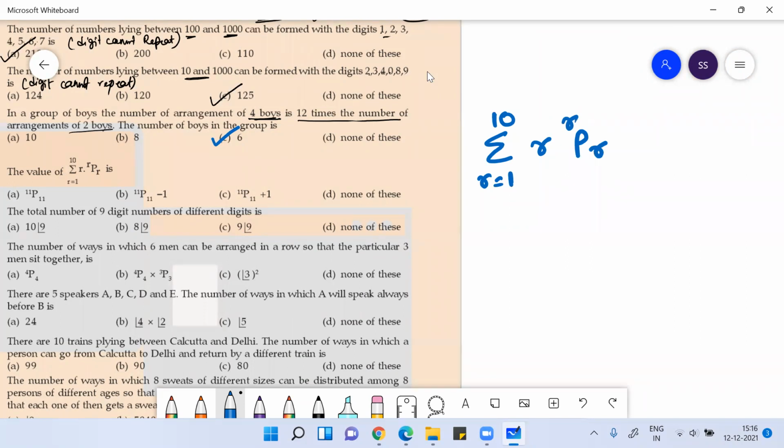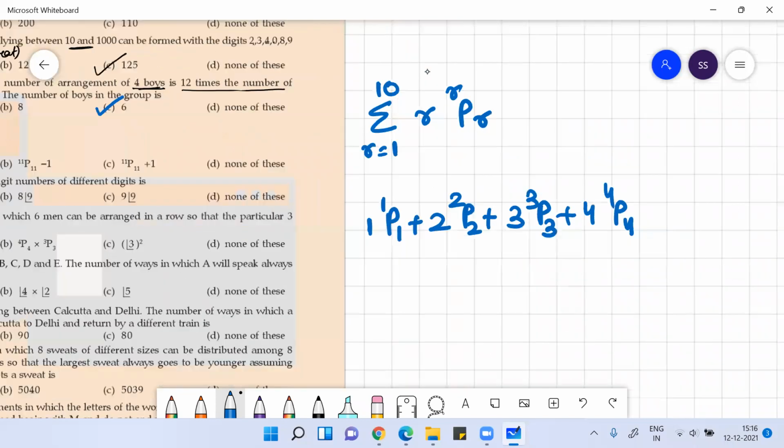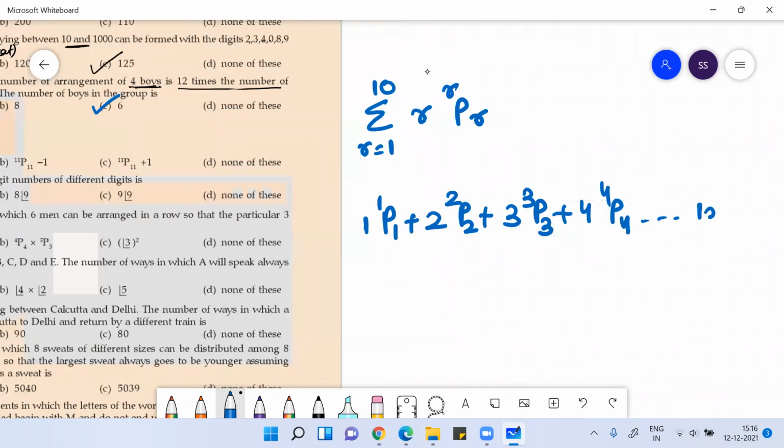So I need to find 1 into 1P1 plus 2 into 2P2 plus 3 into 3P3 plus 4 into 4P4, like this, till 10 into 10P10.